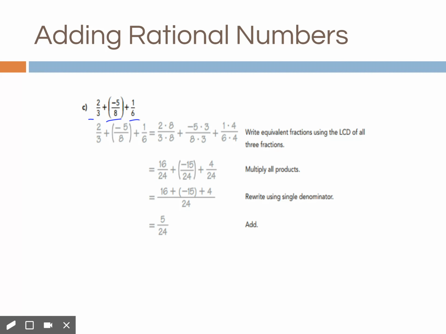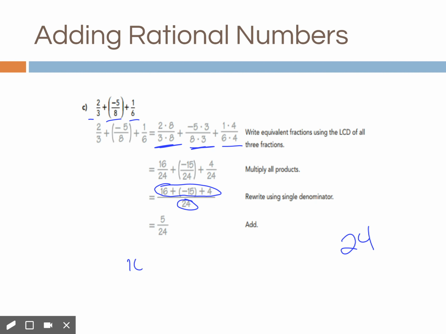And they did that already for you and figured out that it's 24. So in this part right here, they did the math to multiply to get everything to have a denominator of 24. So now we just do 16 plus a negative 15 plus 4. And again, we're keeping our denominator 24, so we can do all of those 3 steps together.